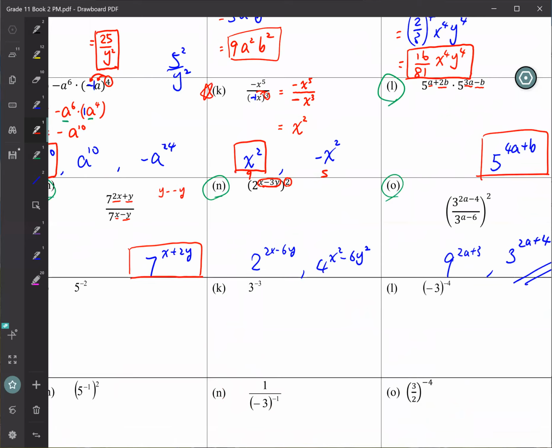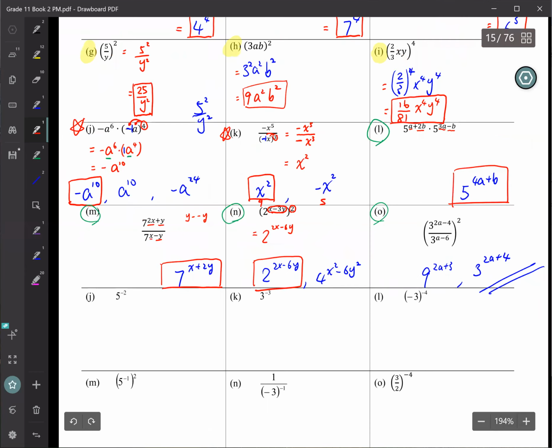So 2 times x will be 2x, 2 times negative 3y will be negative 6y. So the square, when it goes in, you don't need to square, okay? So this one will be this one. Exponent and exponent, they multiply together.